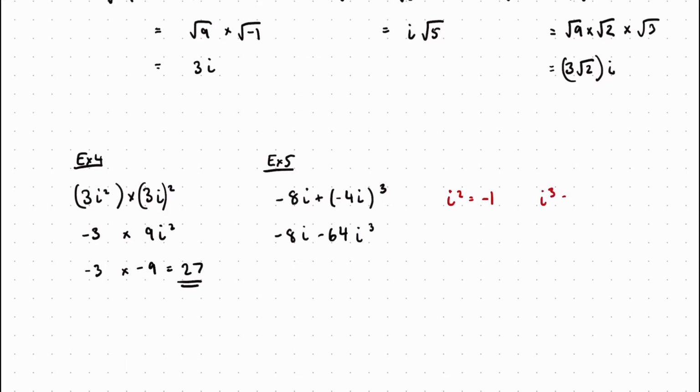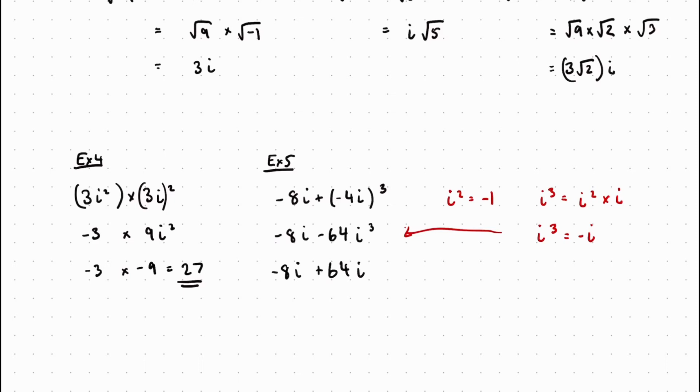So what is i cubed? Well, i cubed is i squared times i. So i cubed just becomes minus i. So when I put minus i back into here, that changes the minus 64 to positive 64, and then just i.